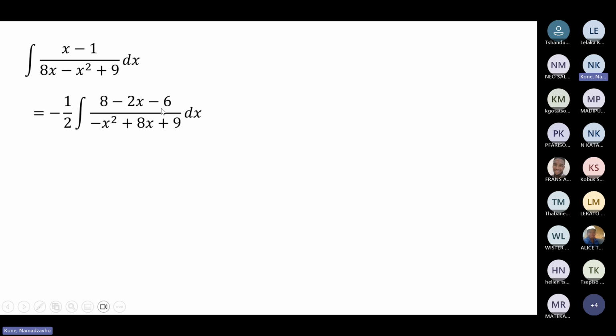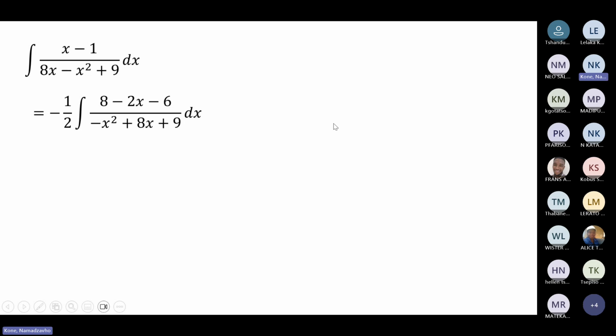Now you've got a minus 4 plus a 3, that gives you a minus 1, which is this one. And minus half times minus 2x gives you a plus x, which is this one. So this is exactly the same as that.